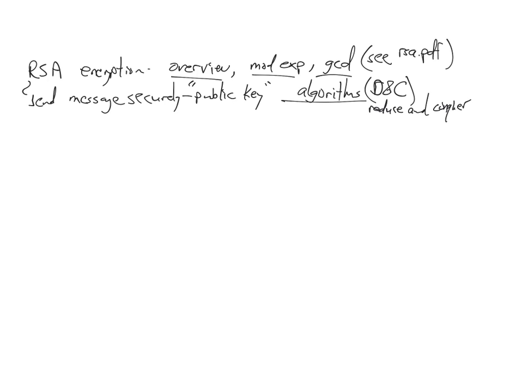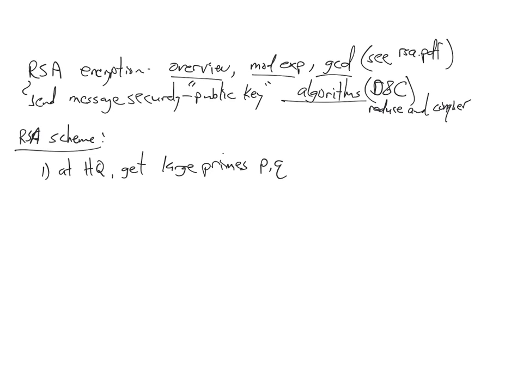Okay, so here's how RSA works. The RSA scheme is as follows. Step 1 is that at headquarters, we get large primes, P and Q. That's one of our big issues that we'll have to talk about later in this video: where do you come up with a giant prime number.